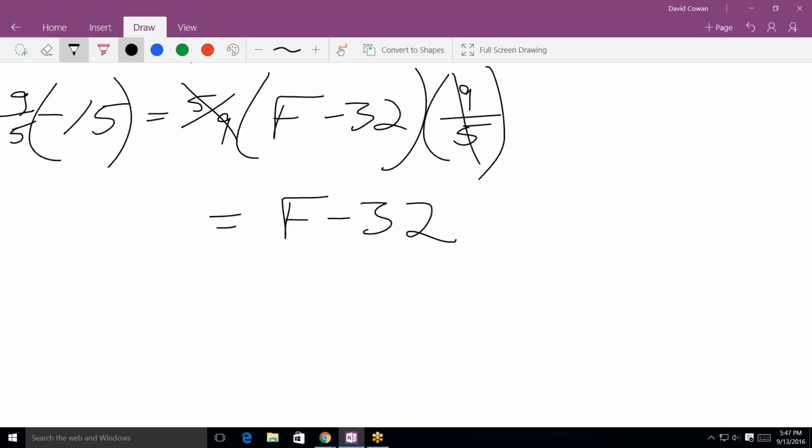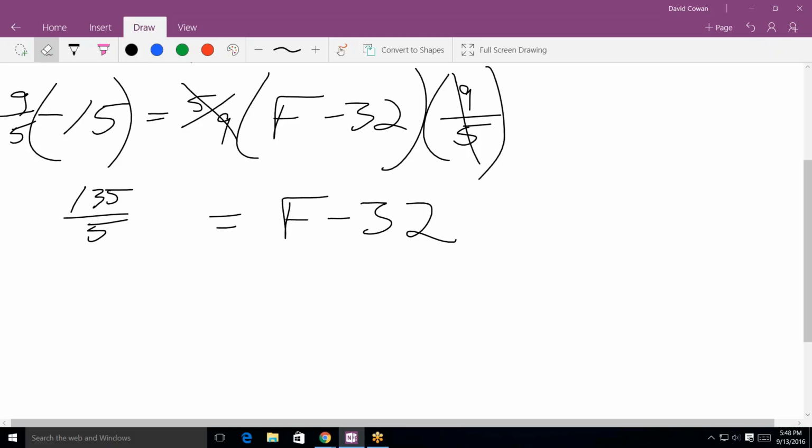How do you multiply 9/5 times minus 15? Do you multiply the 9 by the 15, or do you try to reduce it first? Always try to reduce. Notice that if I multiply 9 times 15, I get 135 that I would then have to divide by 5. That's a lot of math. I'm going to need a calculator.